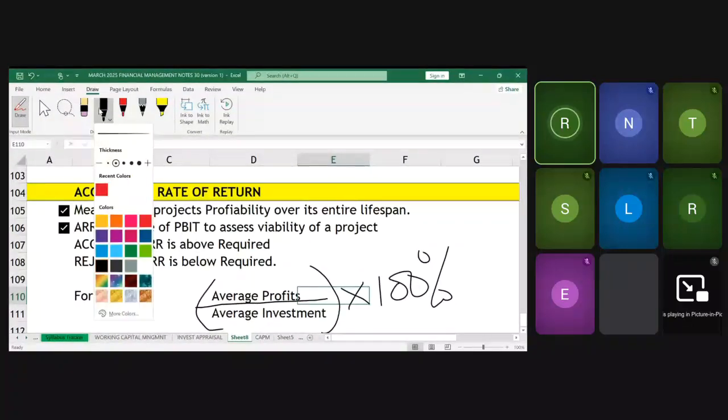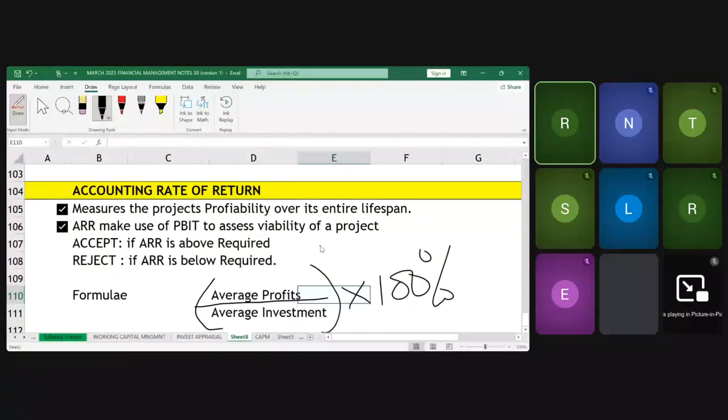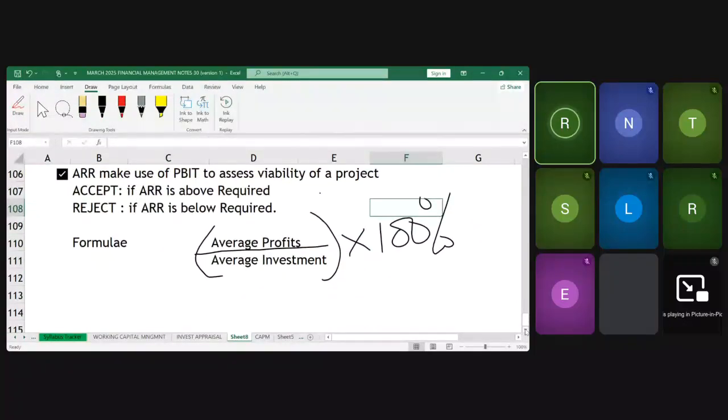That is our ARR. So if we are assessing using ARR, it is average profits divided by the average investment times 100%.